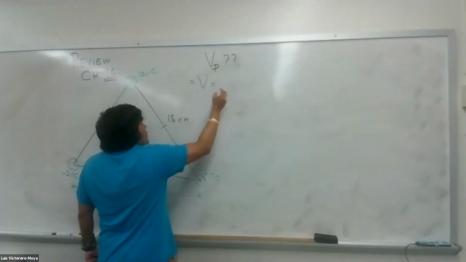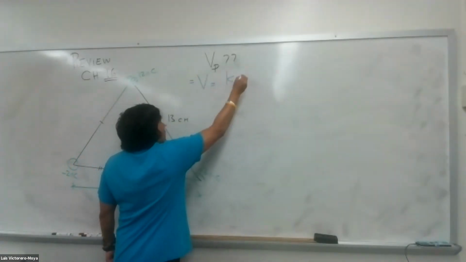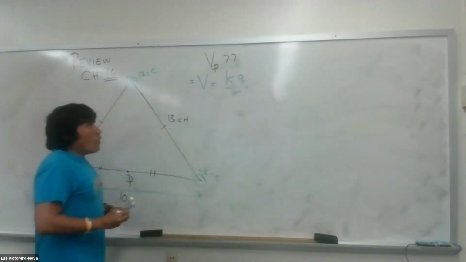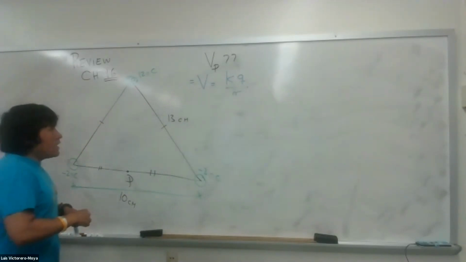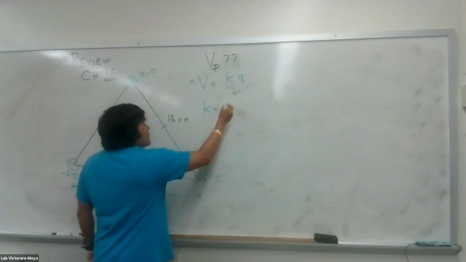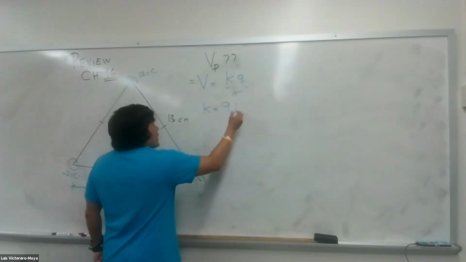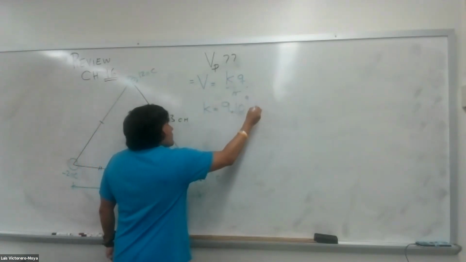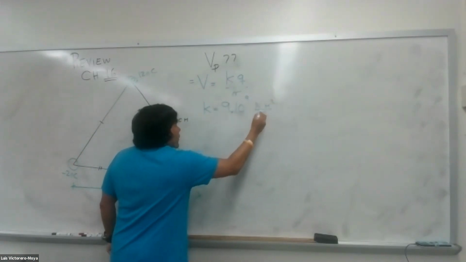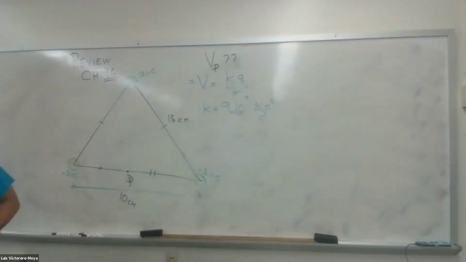V for point charges, k q over r, in volts, where k will be given to you. k is 9 times 10 to the 9 newton meter squared over coulomb squared.